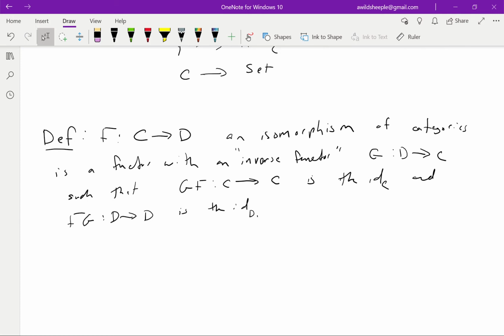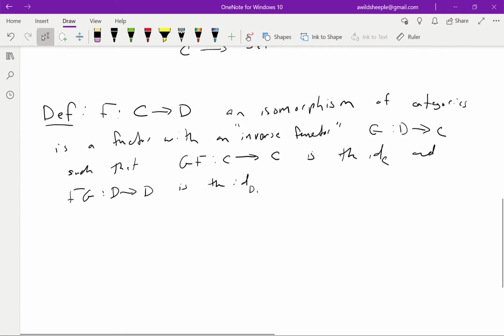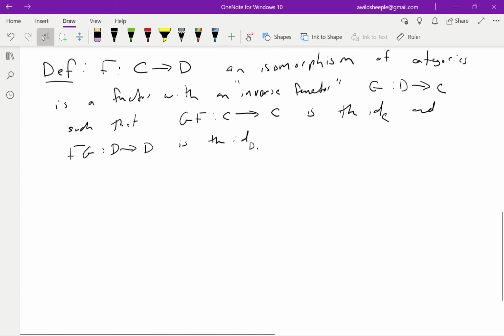So if your categories consist of finitely many objects, then already if they have different cardinalities, that's an obstruction to making these categories isomorphic. I want to introduce perhaps the most important example of this phenomenon with the simplest possible categories, because we're going to return to this in just a moment to say a few more words about how this works. So let's do that.